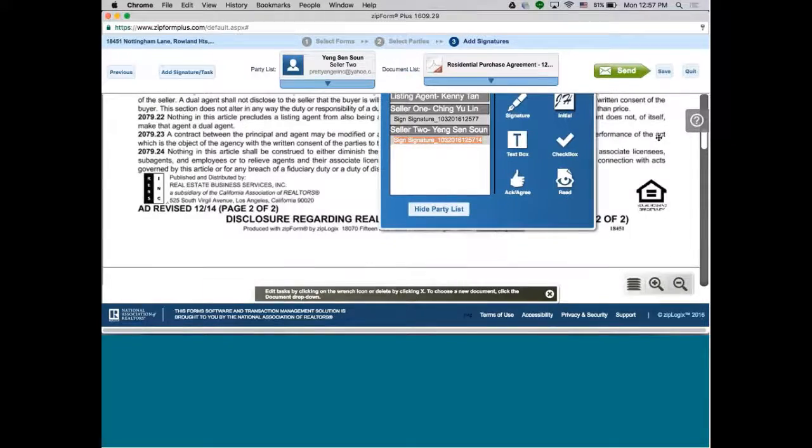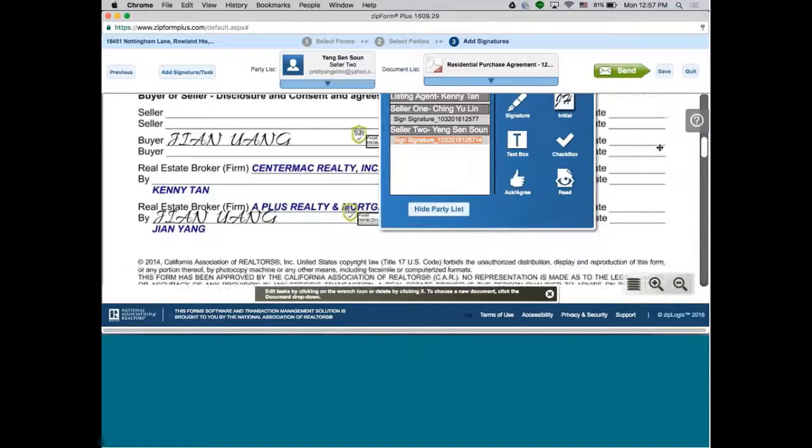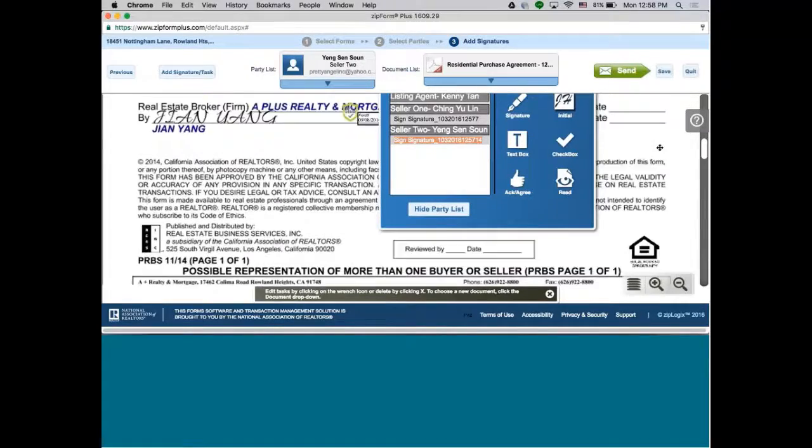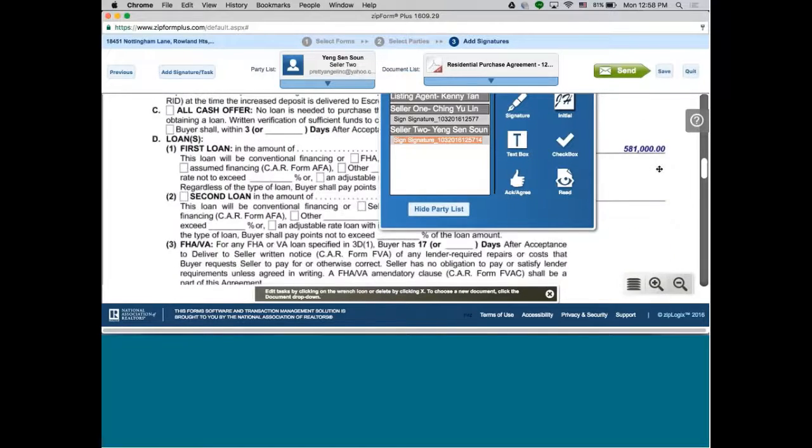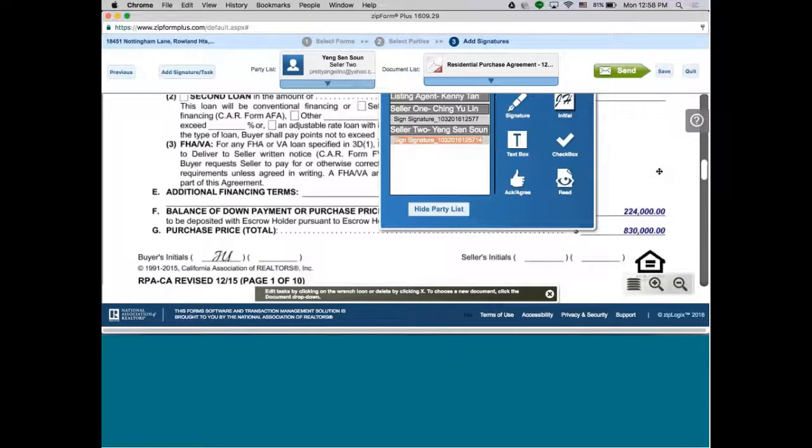At the bottom of each page, oftentimes there are places where you're supposed to initial or have your seller initial to ratify this thing, right? Now, if the seller does not initial, then you have an issue later on with the attorney, because he's going to say, well, my seller did not initial, therefore, all of the provisions that appear on this offer are not applicable to my client, right?